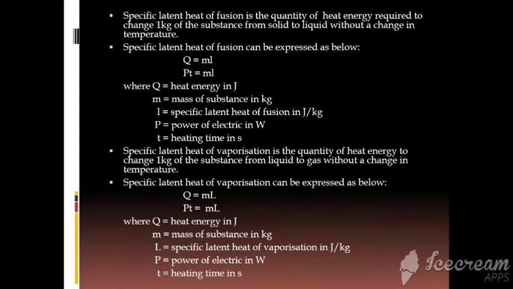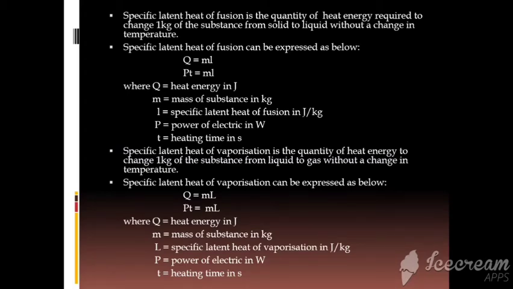Specific latent heat of vaporization is the quantity of heat energy required to change 1 kilogram of the substance from liquid to gas without a change in temperature. Specific latent heat of vaporization can be expressed as below.